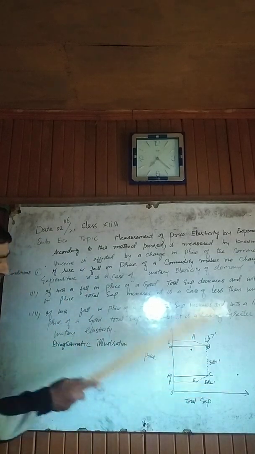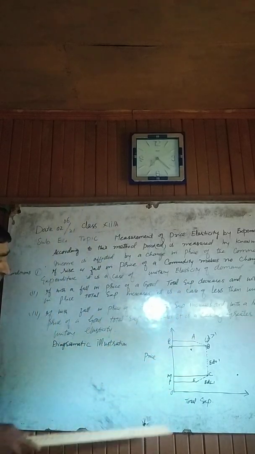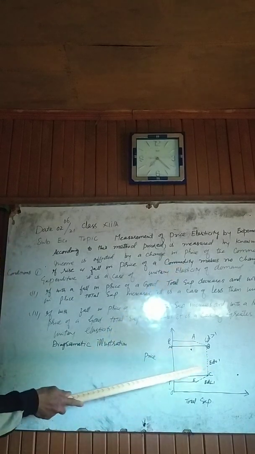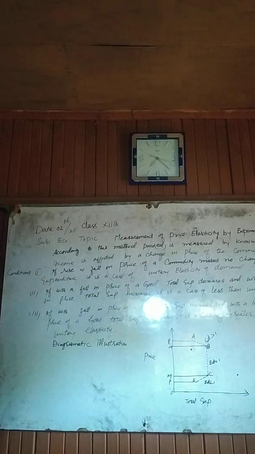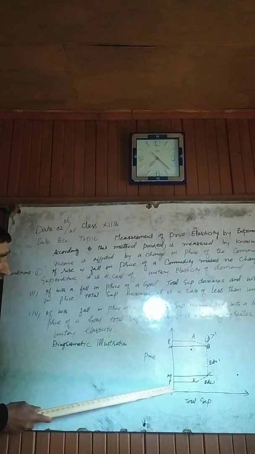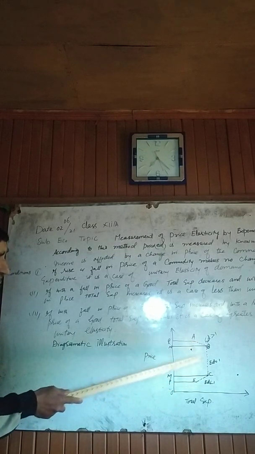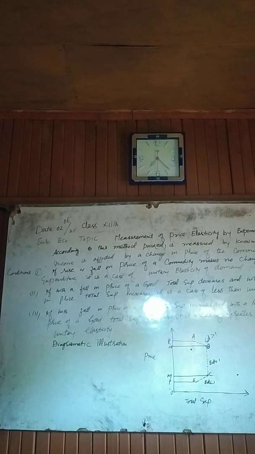Along the x-axis we represent total expenditure, and the y-axis represents the price. This B to C level makes no change in the expenditure of the consumer, because no doubt the price here has fallen, here the price too has fallen, but it doesn't impact the expenditure of the consumer.